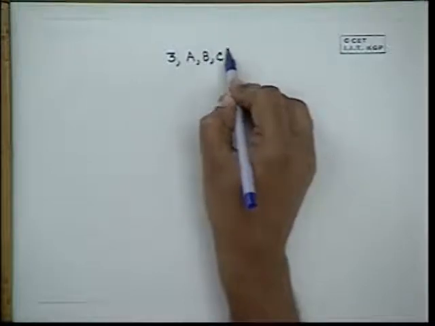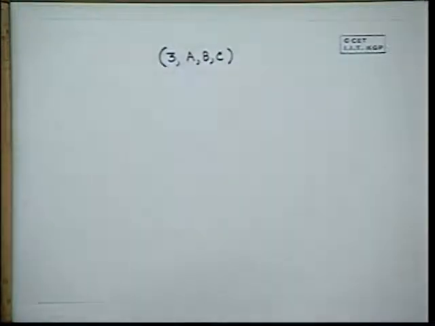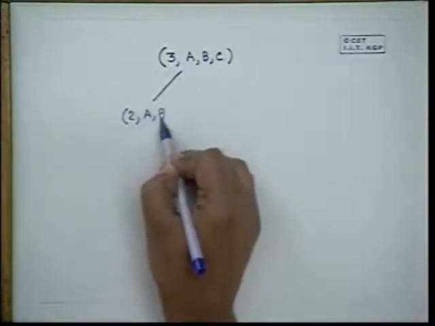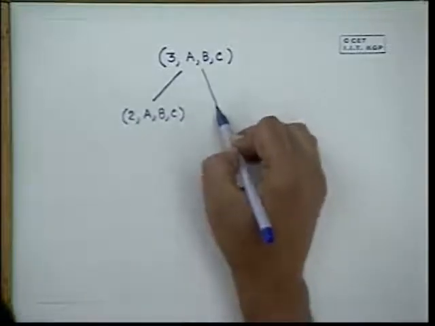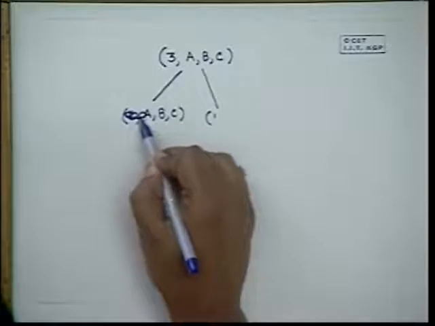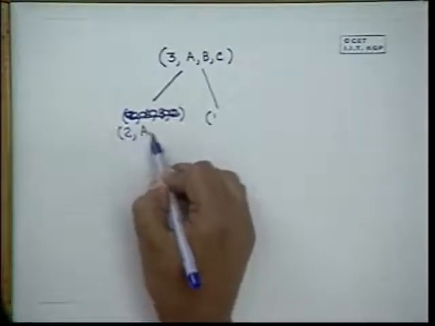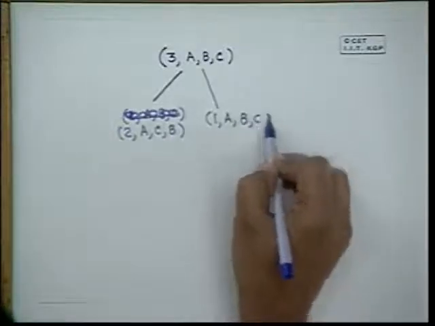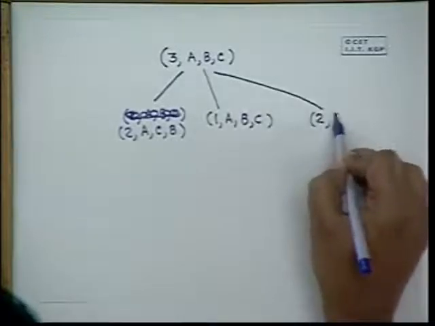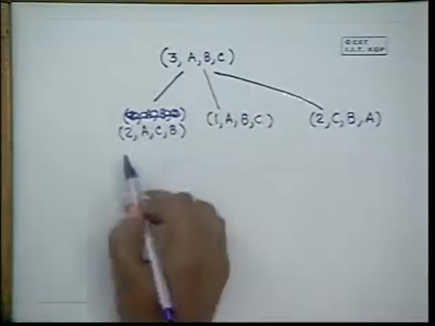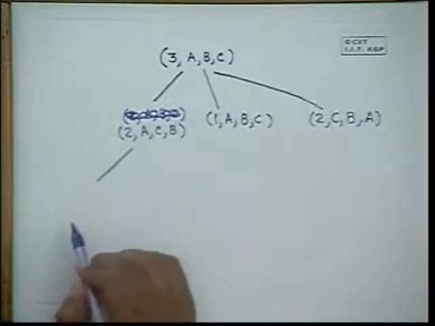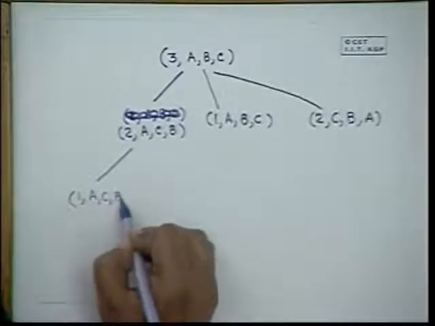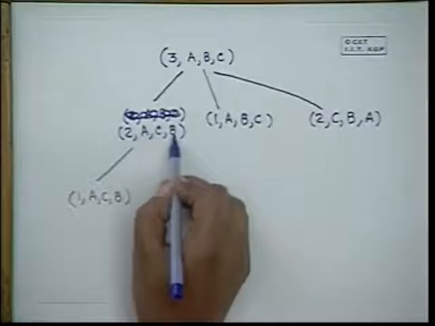So if we had to solve 3ABC, the decomposition would be 2A, B, C, sorry, 2A, C, B, 1A, B, C, and 2C, B, A. Then this would be 1A, C, B. Now this is from, this is to, this is via.